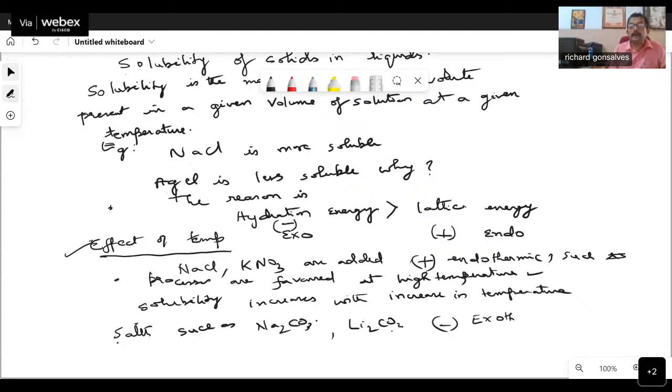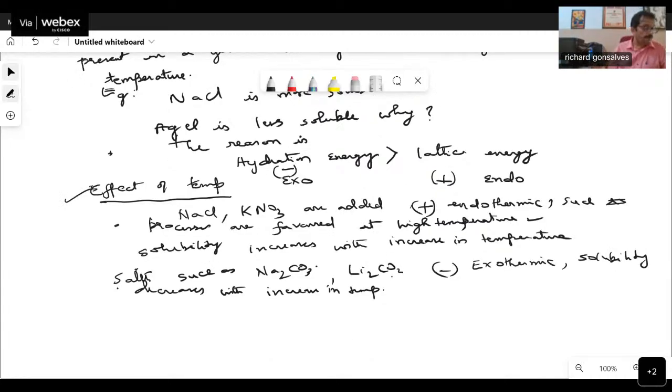Now, if it is exothermic, solubility decreases with increase in temperature. Is it clear? For exothermic salts, solubility decreases with increase in temperature. For endothermic salts, solubility increases with increase in temperature.